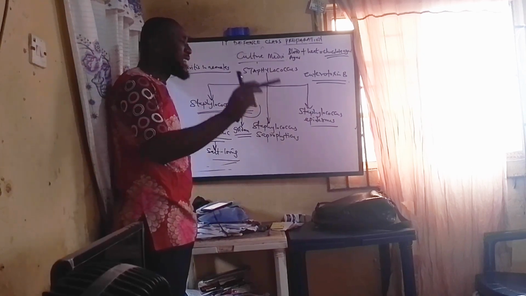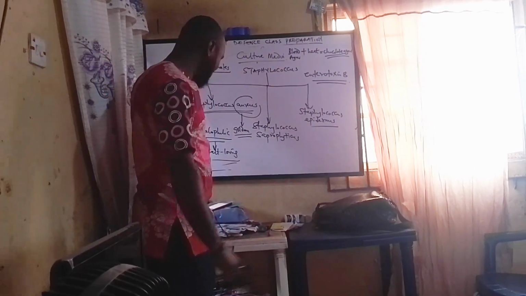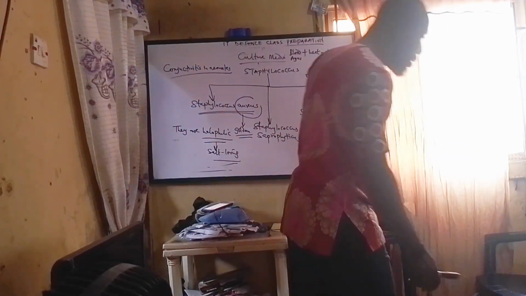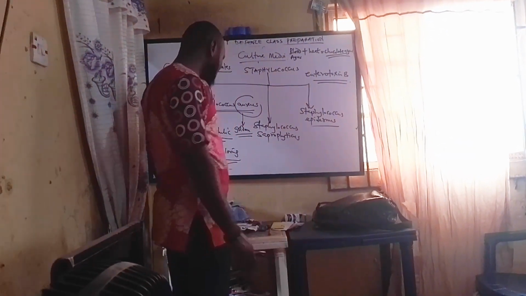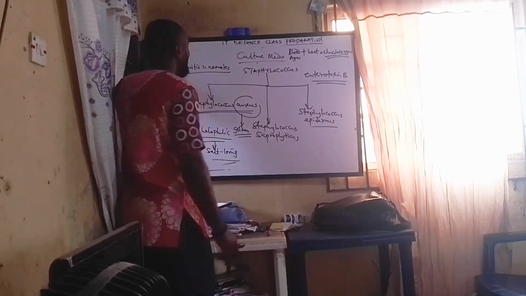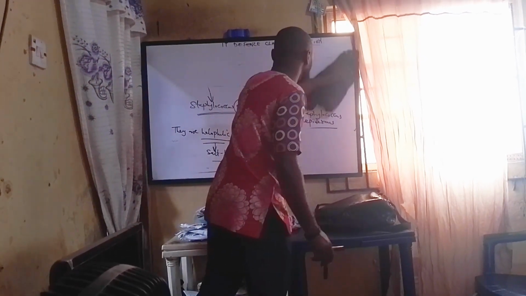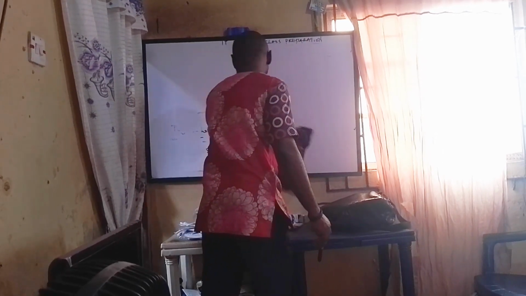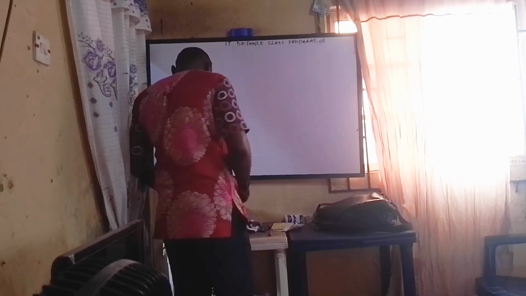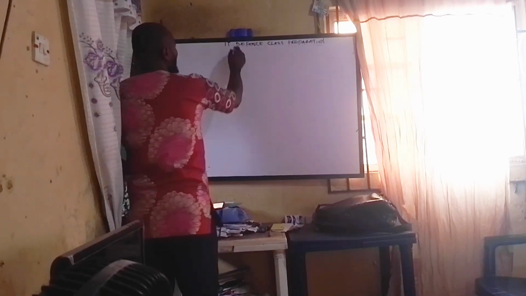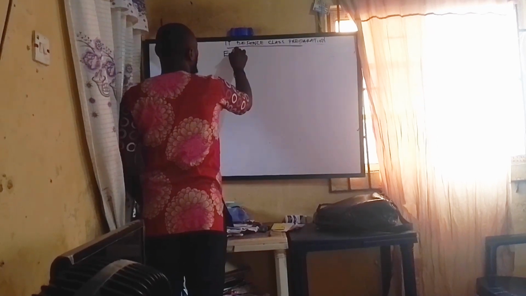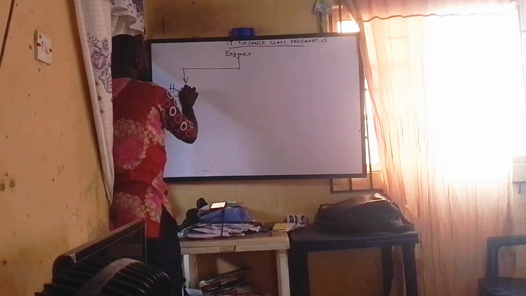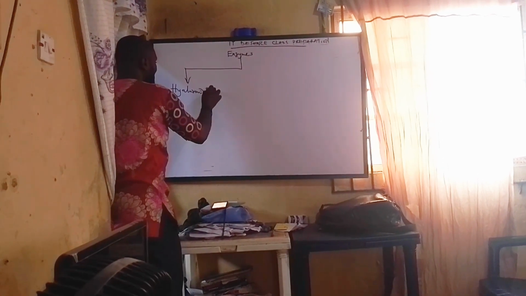Alright, let's look at enzymes and toxins produced by Staph aureus. Now we'll start with the enzymes. Under the enzymes, we have what they call hyaluronidase. I will tell you what it does, one by one.